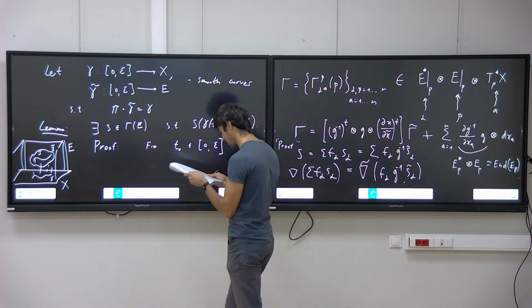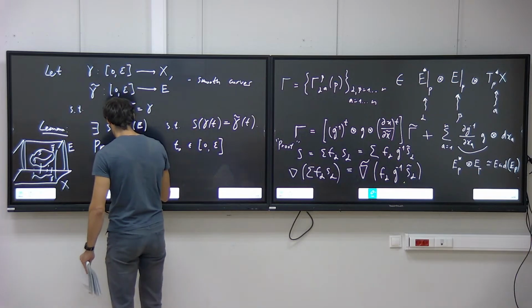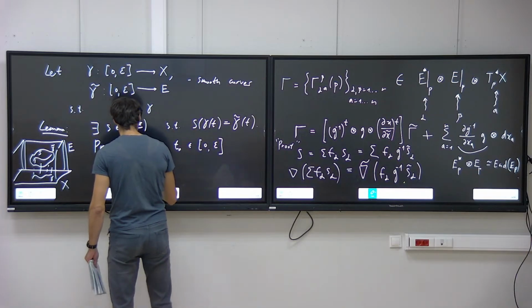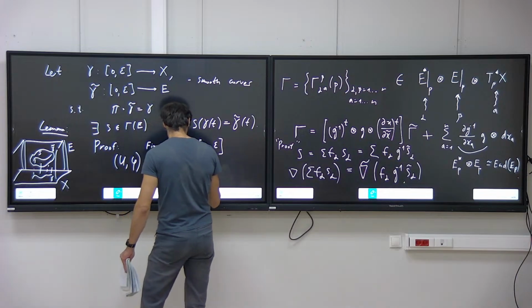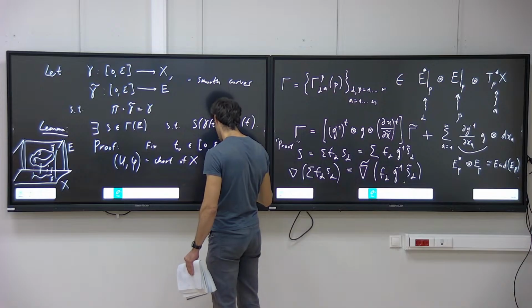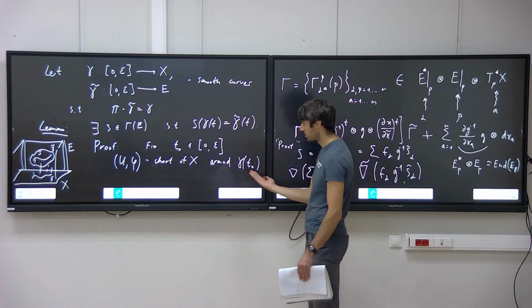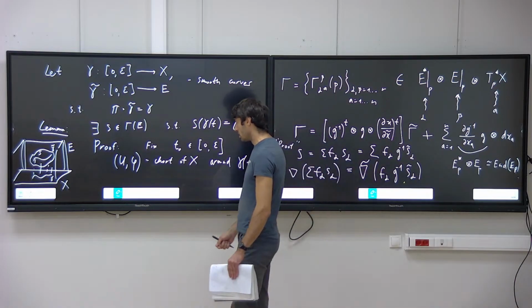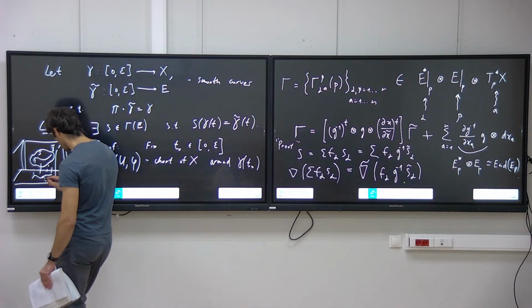Right, then let me fix some chart, U phi. So it's a chart of X around gamma of T0. Right, so it's side X. And then T0 is somewhere inside here.